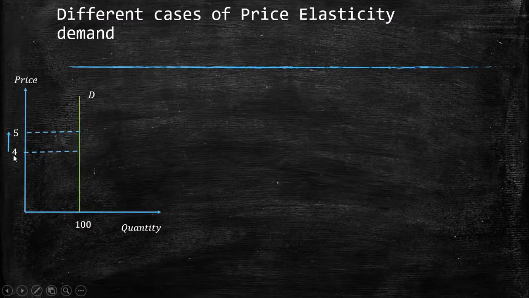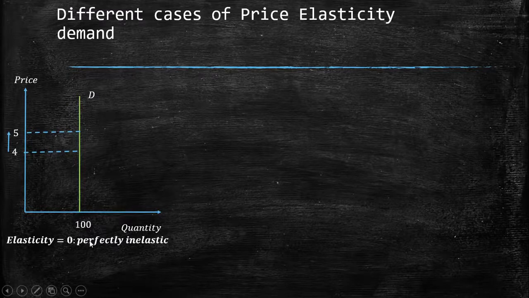Imagine we have here the price of 4. This is the demand, and this is the price, and we demand 100. And imagine there is an increase in the price from 4 to 5. So in this case, in spite of the change of the price, we still consume 100.